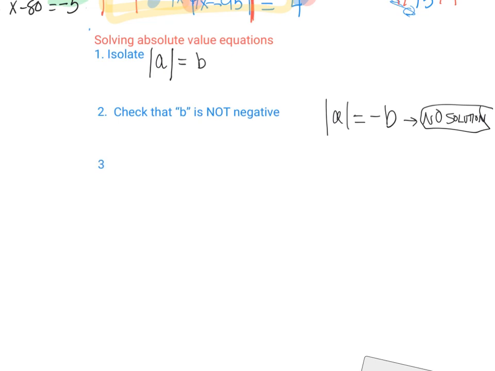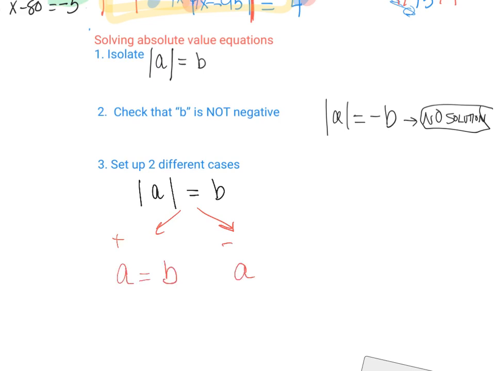And then the next step is to set up the two different cases. If the absolute value of A is equal to B, then the two different cases are the positive and the negative of B, which would be that the A could equal B, but the A could also equal the negative of B, because once you take the absolute value, it is positive.